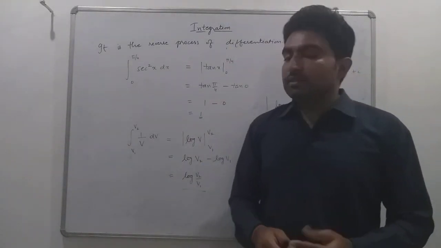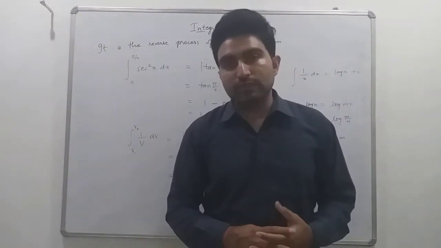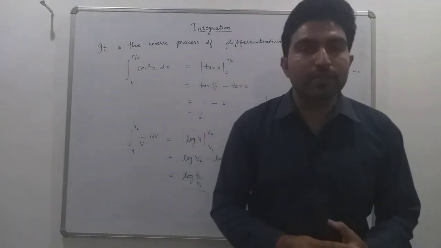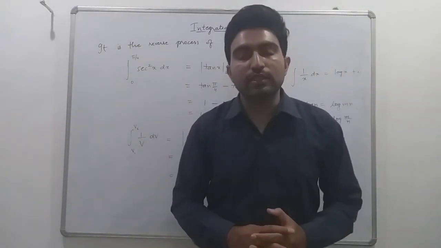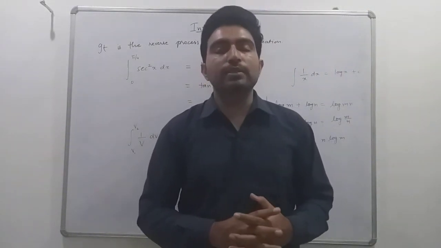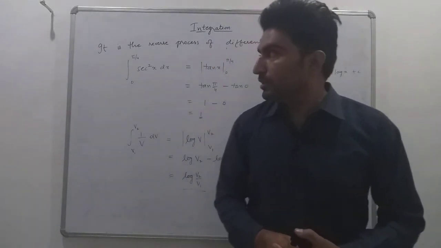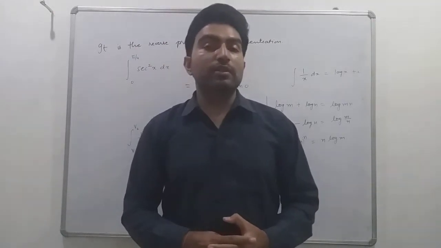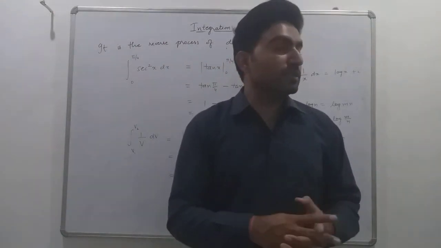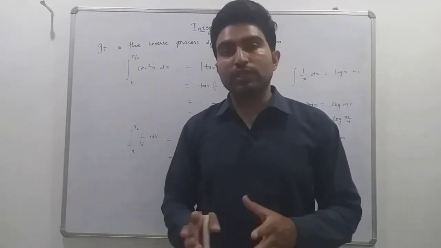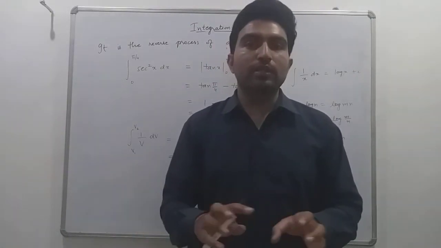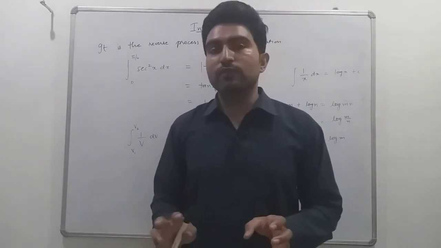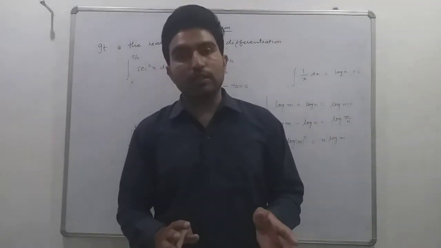So these are some of the simplest integrations that we discussed today. In the next lecture we are going to discuss integration by parts, and I am giving some hint about it. When we were discussing differentiation, we were given two functions in the form of multiplication of each term.